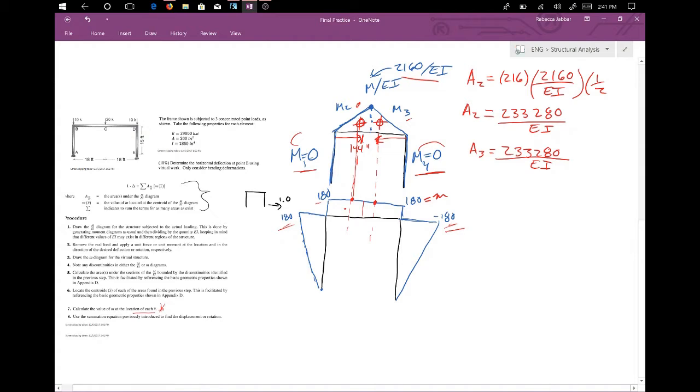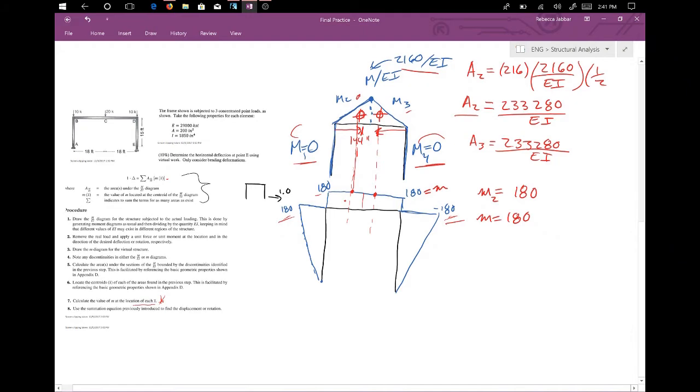But for ours, whatever location it gives, it's always going to be 180. So our little m value for the first one, which matches with this A2 if you look at this equation right here, is 180, and our other little m value is also 180. And that's pretty much all we do.